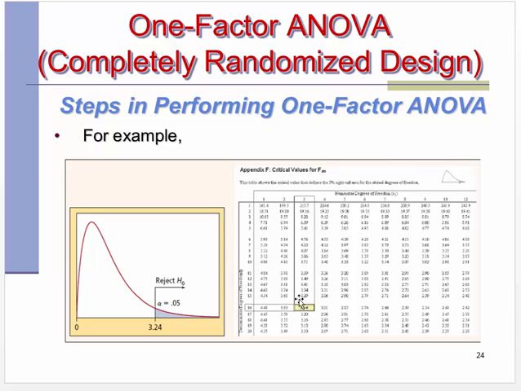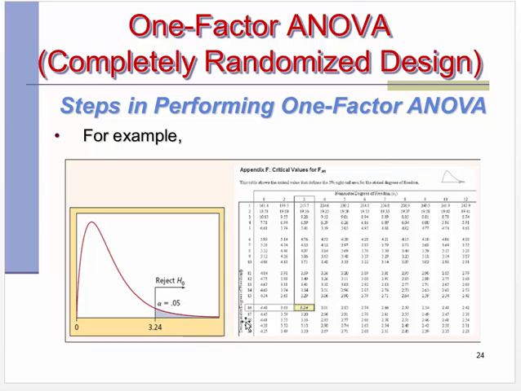In this case, the degrees of freedom are 3 and 16, and the critical value is 3.24, at the 95% confidence level.